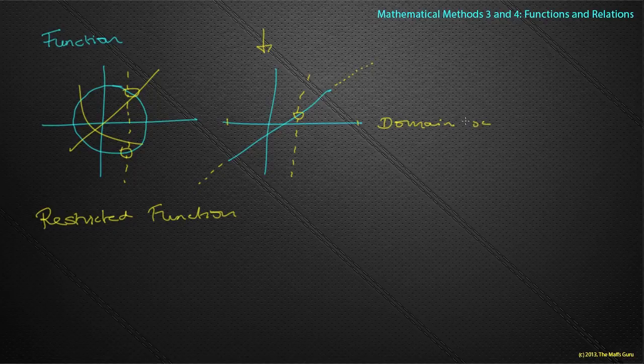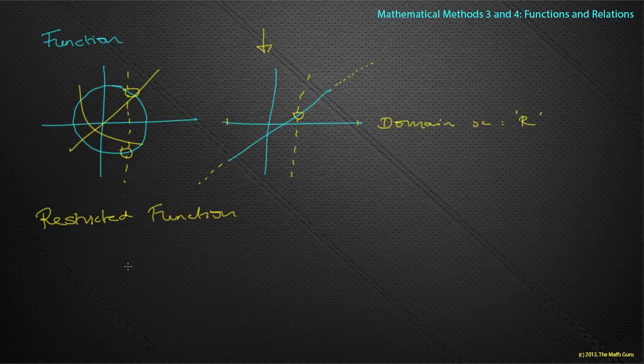In many cases, most functions could have a subset of the real numbers go in. But if we restrict that function, then we will only put certain values in and consequently expect certain values out.